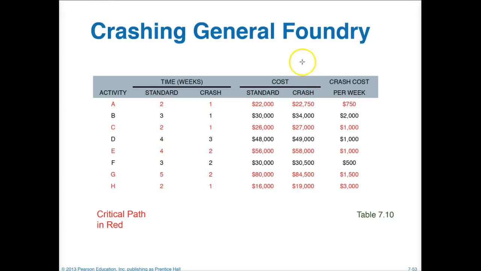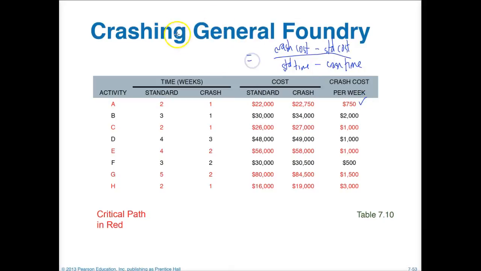So here we have the crash cost minus standard cost, over the standard time minus the crash time. And if we look here at activity A, we're going to see how we get the 750.